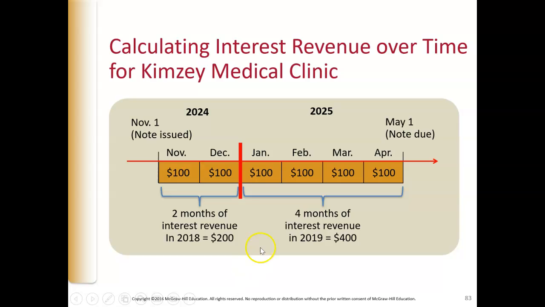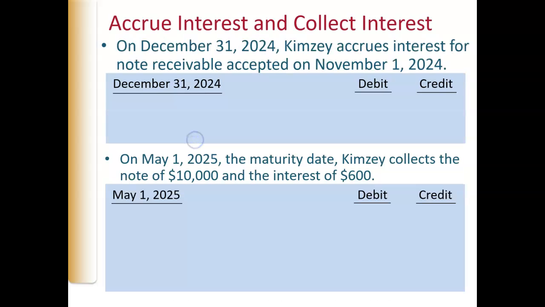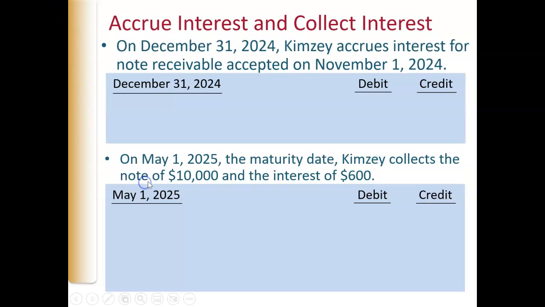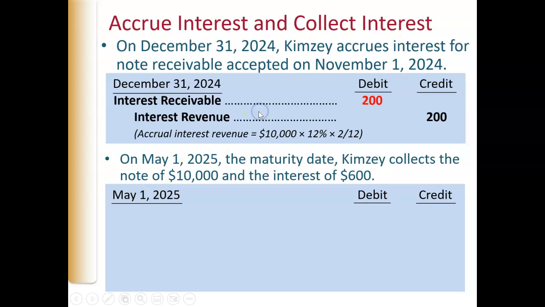We will need to show those 2 months of interest that was accrued in the previous year. We'll need to show that amount on the books as interest receivable and show that as interest revenue. Okay? So in this case, if the note was taken out on November 1st, by December 31st, we will need to show $200 of interest receivable, and we credit our revenue. We've earned it even though we haven't received it yet.